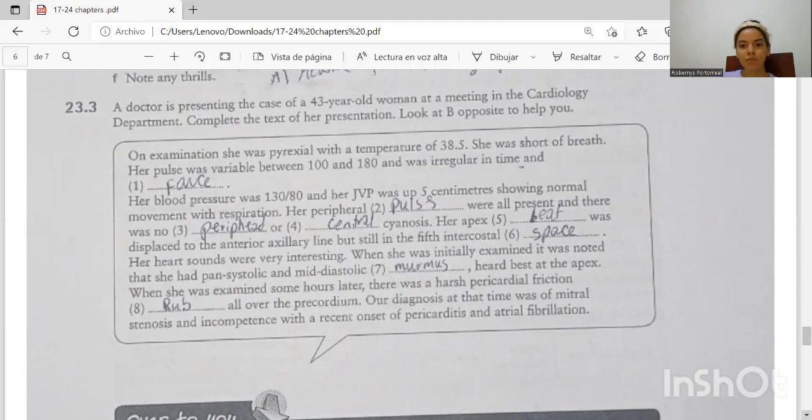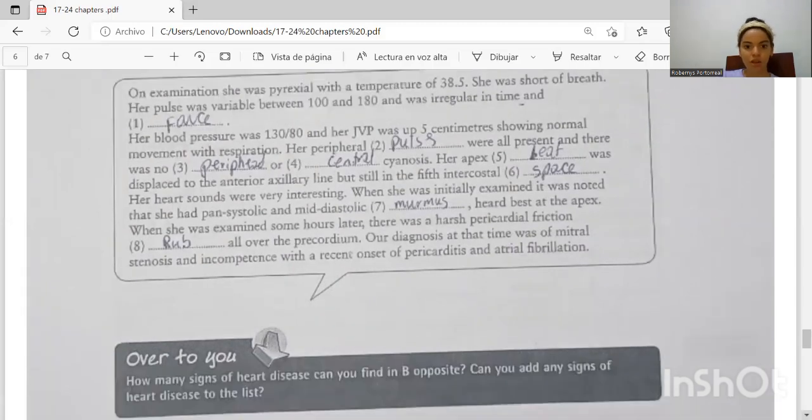Her peripheral pulses were all present and there was no peripheral or central cyanosis. Her apex beat was displaced to the anterior axillary line, but still in the fifth intercostal space. Her heart sounds were very interesting.